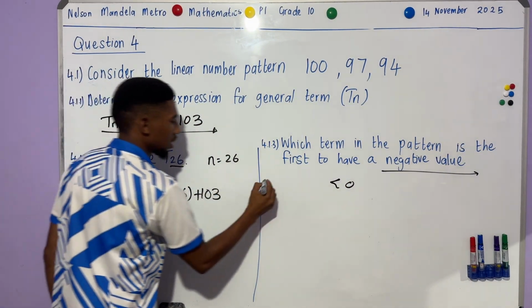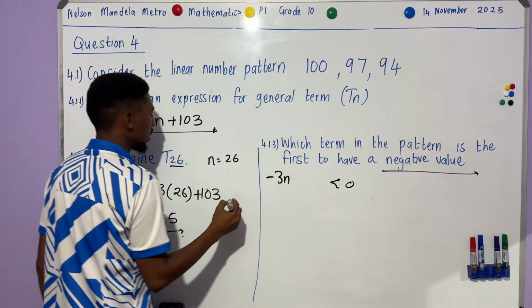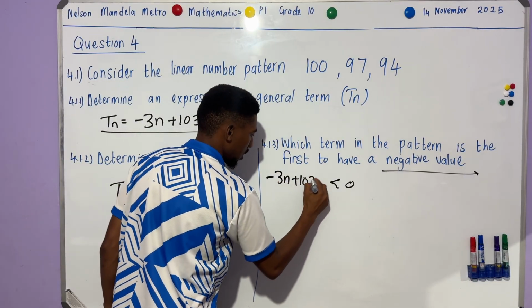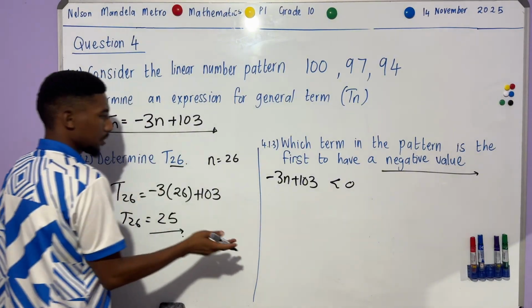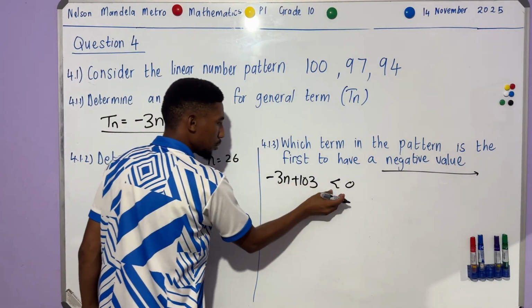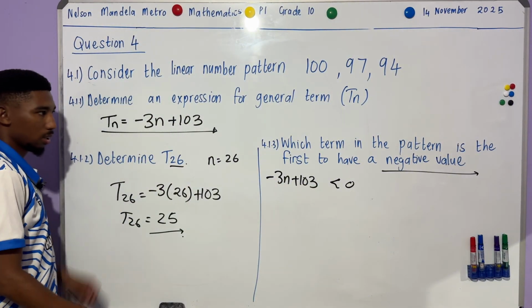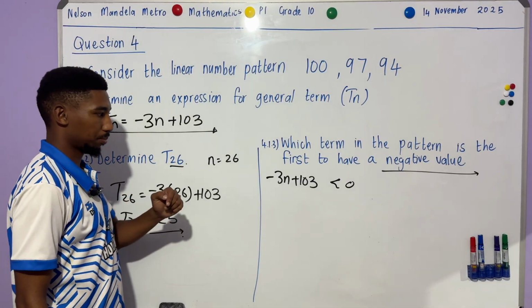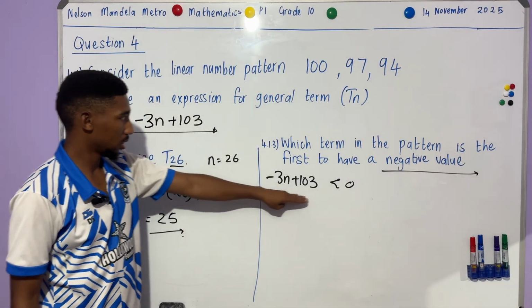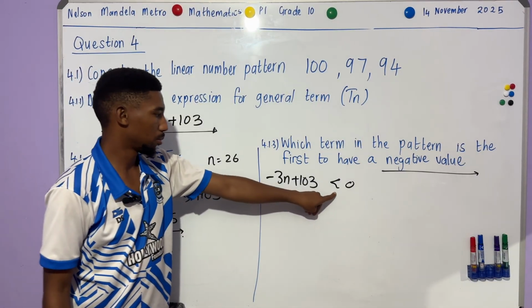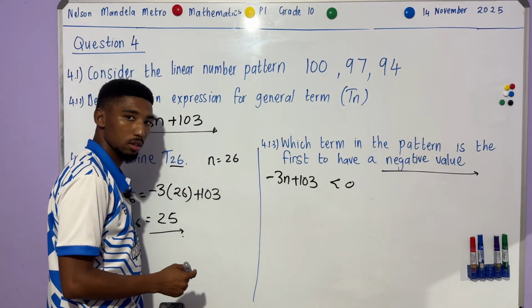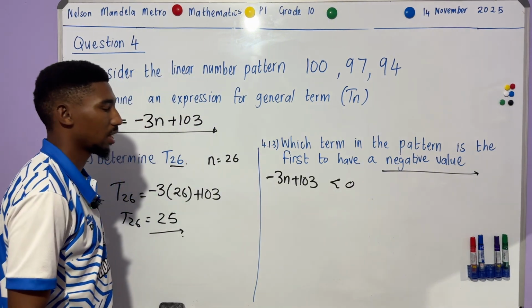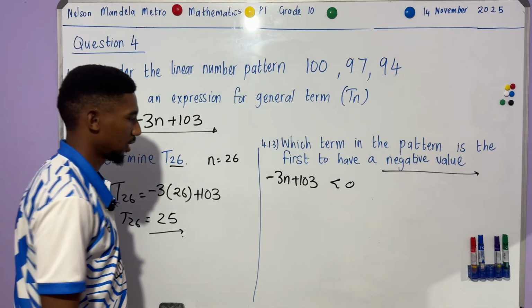We're going to take this general term smaller than 0, which is saying a negative value, and we're going to find n. Okay, that will tell us the term that is negative.